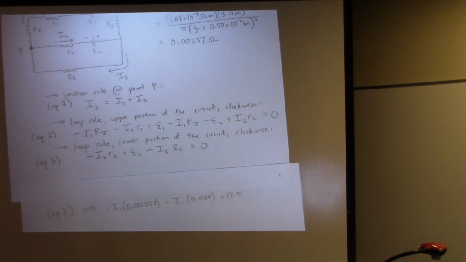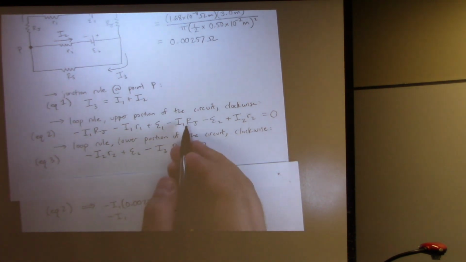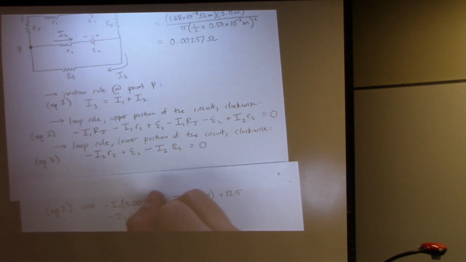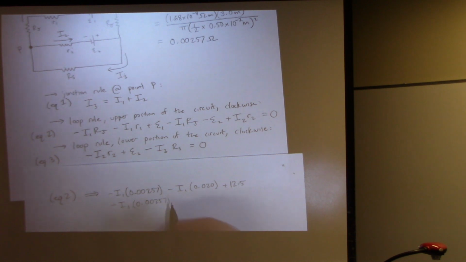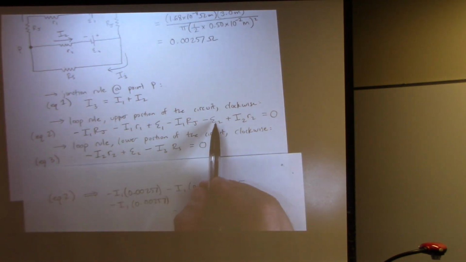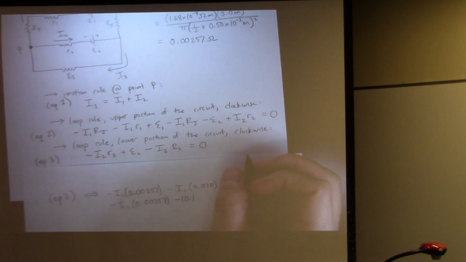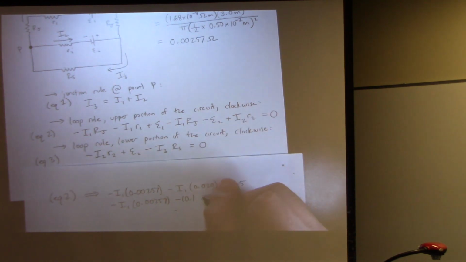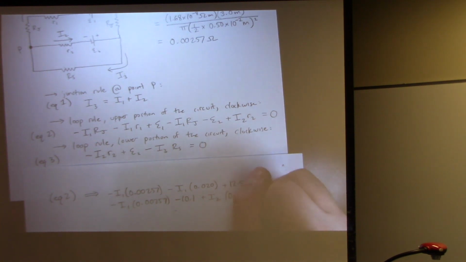Okay, and then if we keep going, the next thing we have is minus I1 times Rj yet again. So 0.00257. Then minus epsilon 2, that's minus 10.1. And then finally plus I2 times little r2, which is 0.10. That whole thing gives us 0.